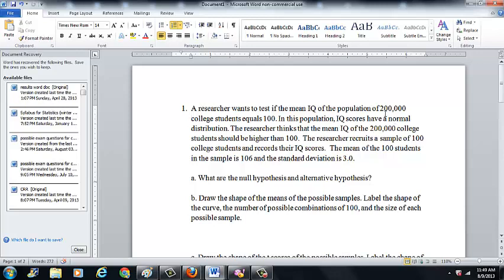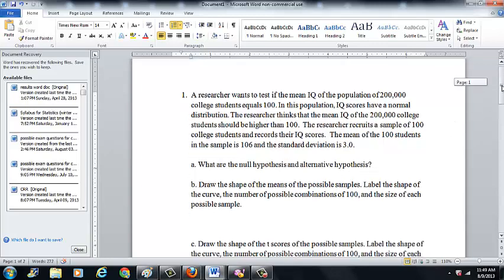But normally you don't need to know that number. Well, in a real life research situation, you wouldn't have to know this number. I also say that in this population, IQ scores have a normal distribution. That's another important piece of information.